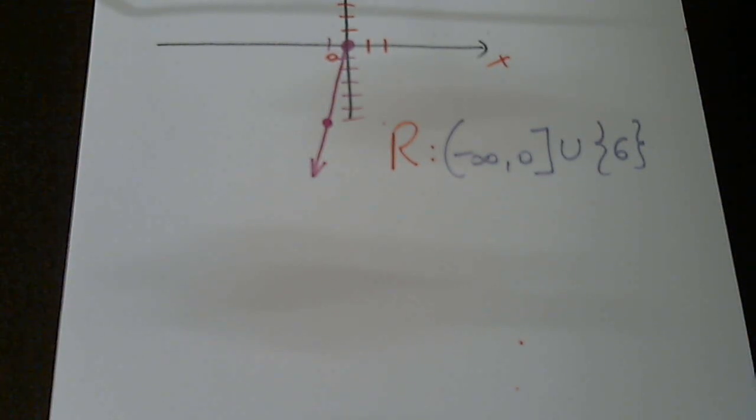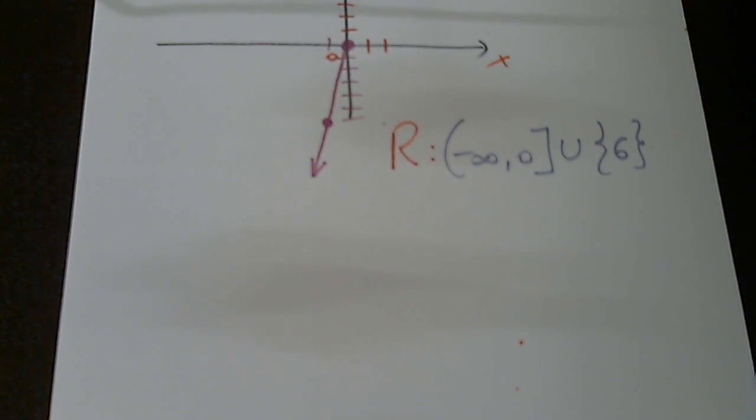Graph a horizontal line, y equals -2. Same thing, y equals 7. What is the slope of a line? Rise over run, not run over rise, rise over run.